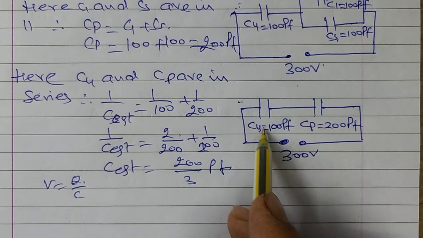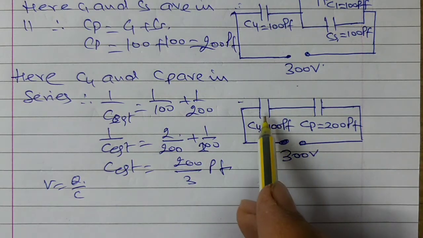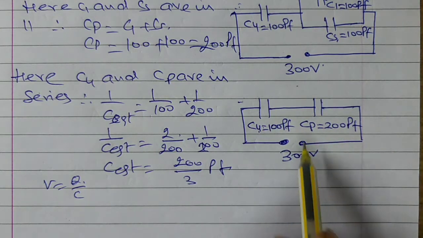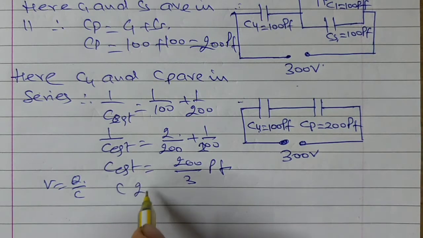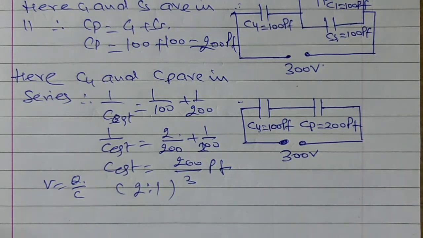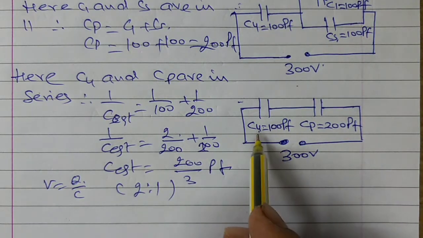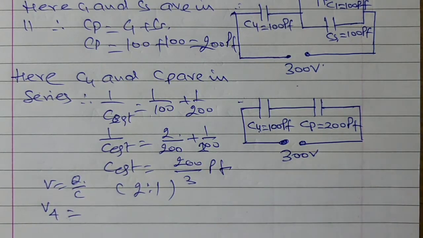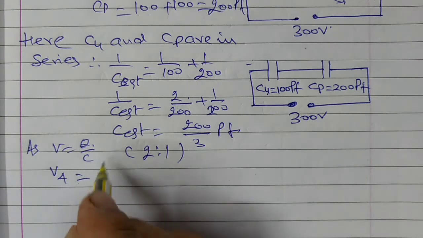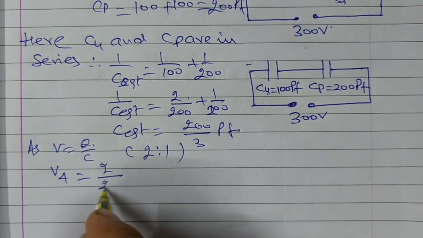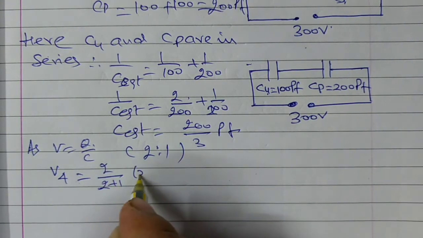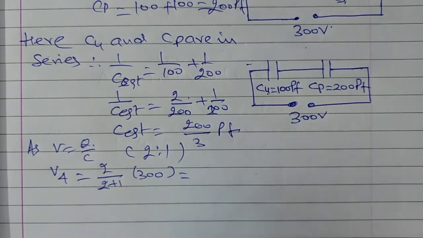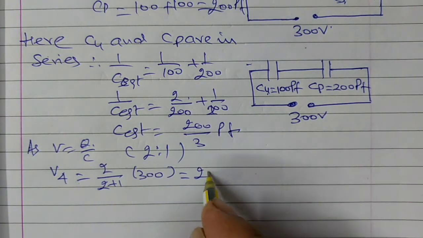Therefore, the potential difference across C4, V4, is equal to 2 upon 2 plus 1 into 300, is equal to 200 volt.